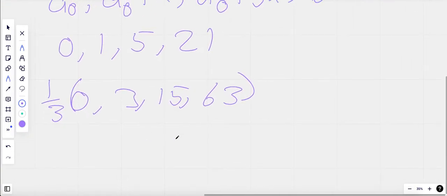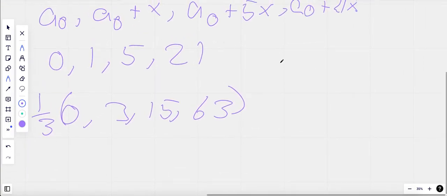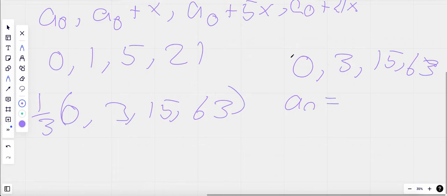Now, looking at 0, 3, 15, 63, we can notice that there is a pretty clear pattern happening here, and it's very similar, because in this case, the general formula for this sequence would be 4 to the n minus 1, because the terms would go 0, 3, 15, 63.